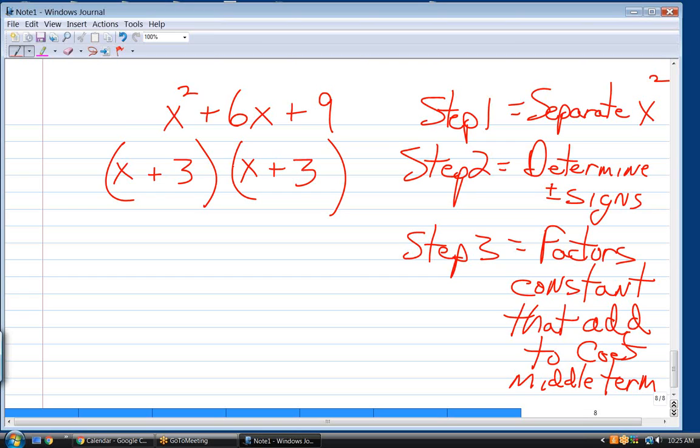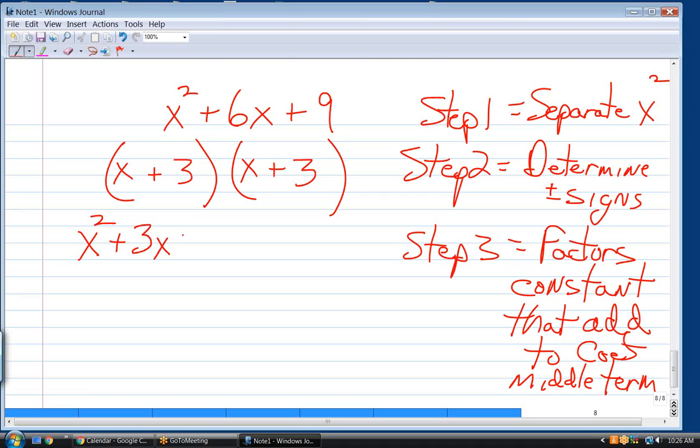Now, just to make sure we've done it right, let's multiply these two together and see. What's the first term? X squared. Plus x times 3, let's put the coefficient in front, 3x.